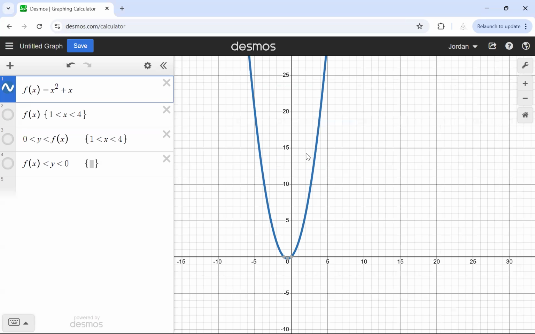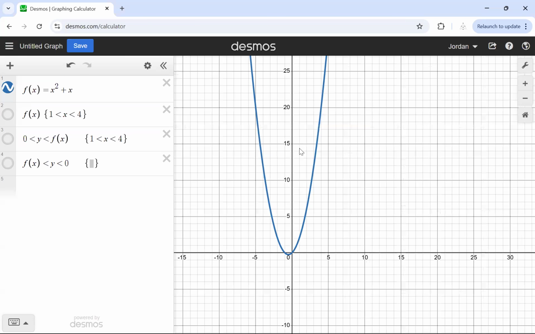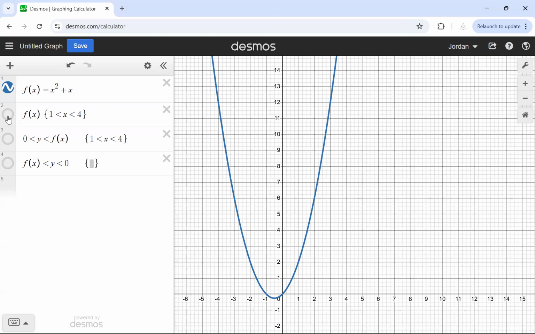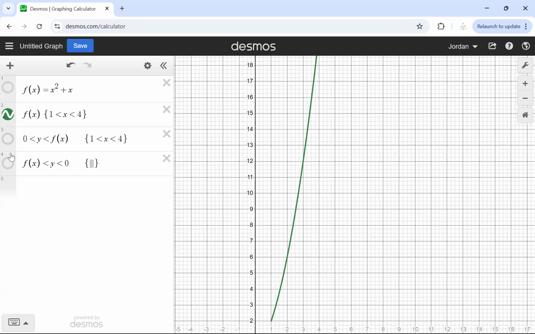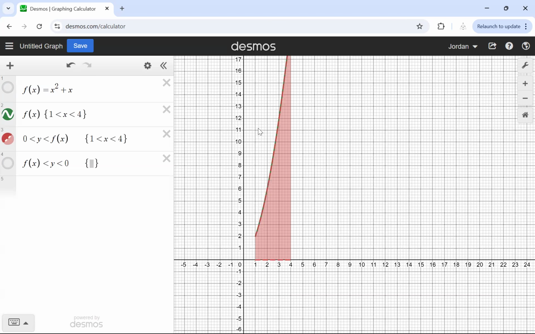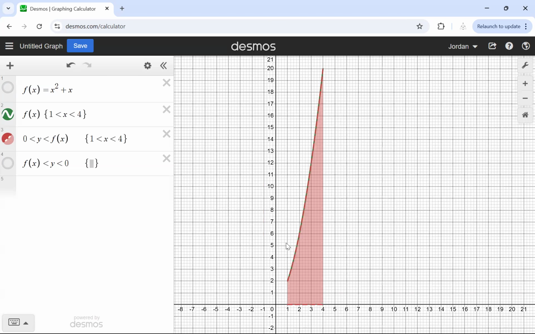Turns out it gets to that point. And so basically we're looking at this section. And if we're looking for the area under the curve on that section, we're looking at this signed area.